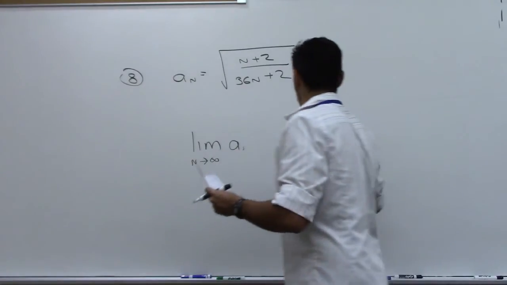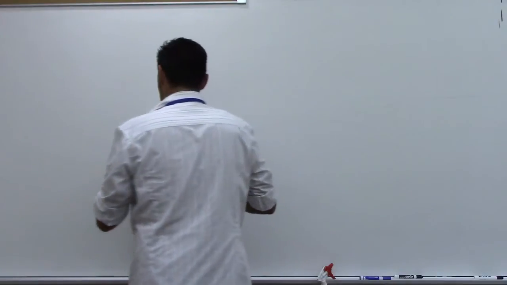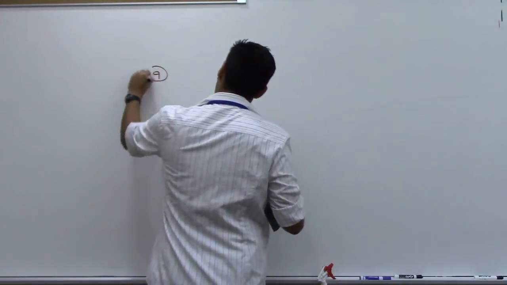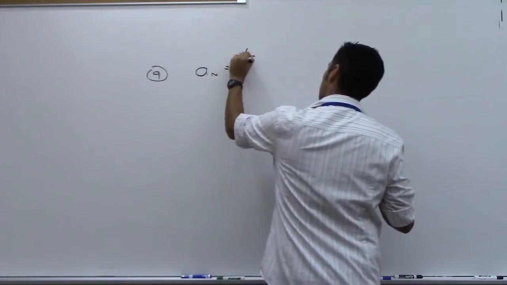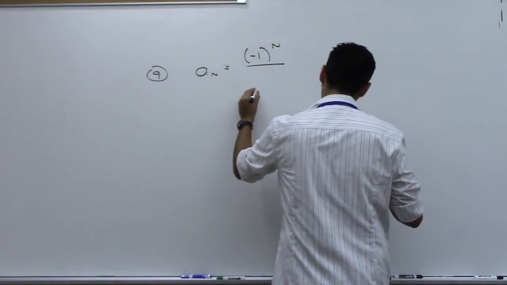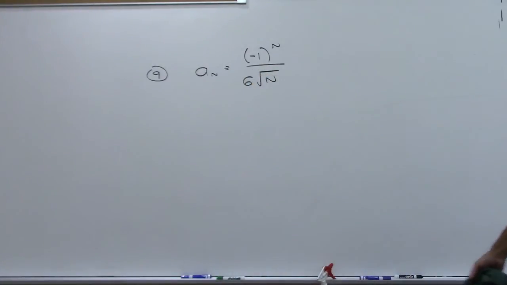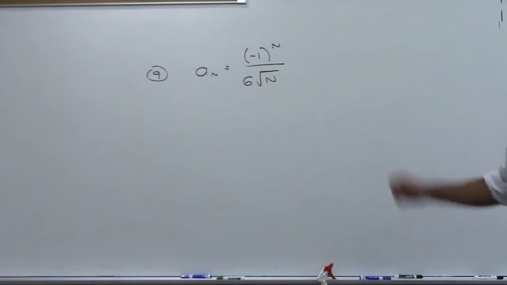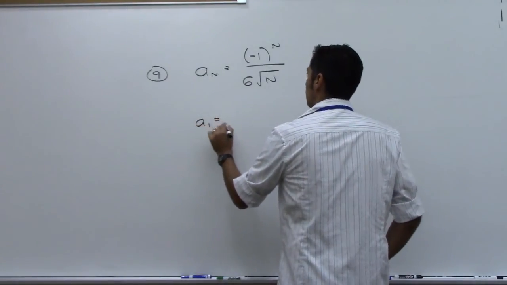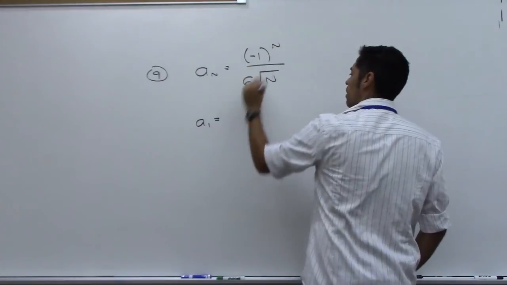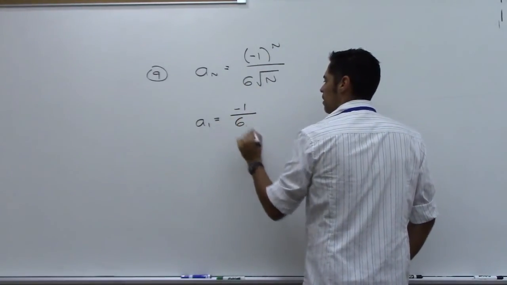All right, what else? Number 9. 9's interesting. 9 says you've got a sub n equals (negative 1)^n over 6 root n. And this one is an alternating sequence because of the (negative 1)^n. So a sub 1 would be negative 1 to the 1, which is negative 1, over the square root of 1, which is 1, so you get negative 1/6.